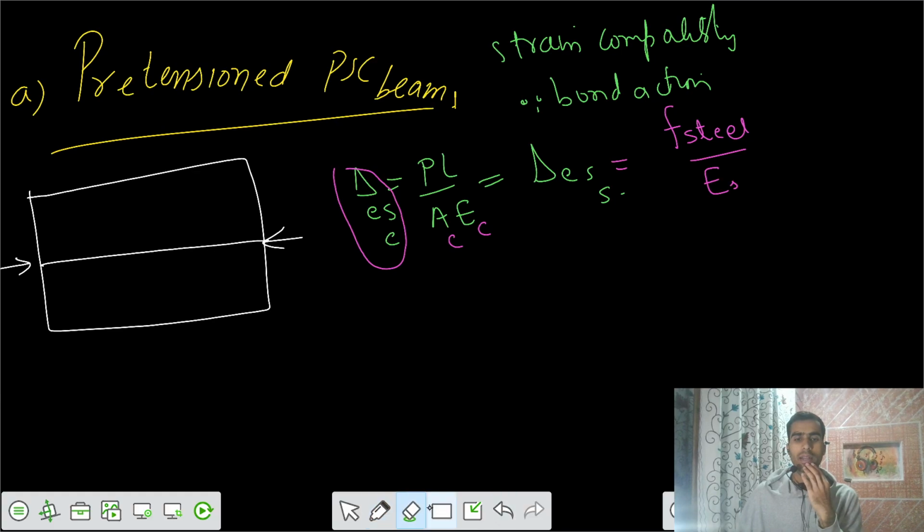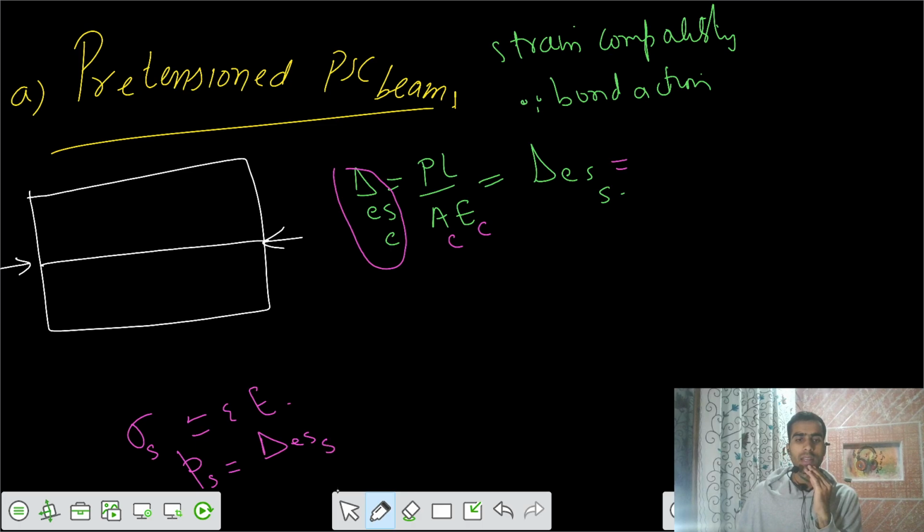We know stress equals strain into modulus of elasticity. So the stress in the steel, P in the steel, equals strain times E, where strain is delta ES divided by the total length L.